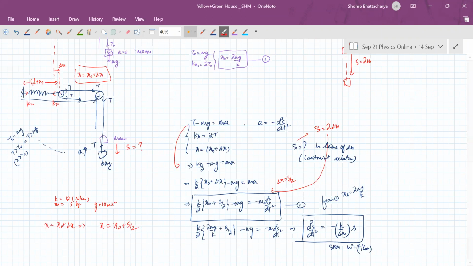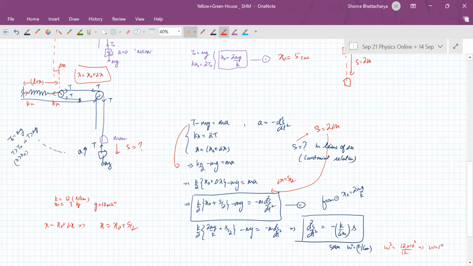Okay. Now let's work out all these values numerically. x naught, which is 2 mg by k, here will become 60 by 12, so 5 centimeters. And omega square will become 12 into 10 raised to 2 divided by 12.